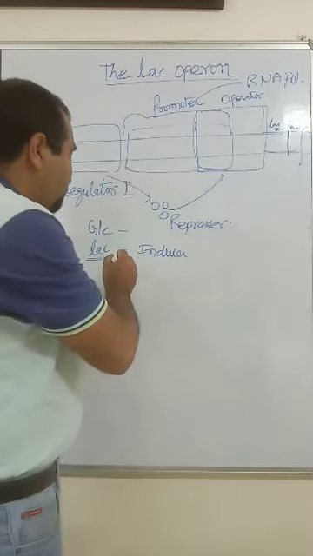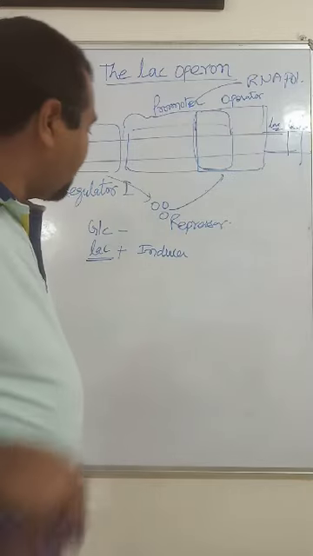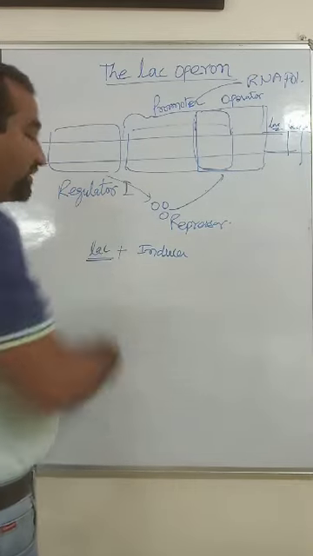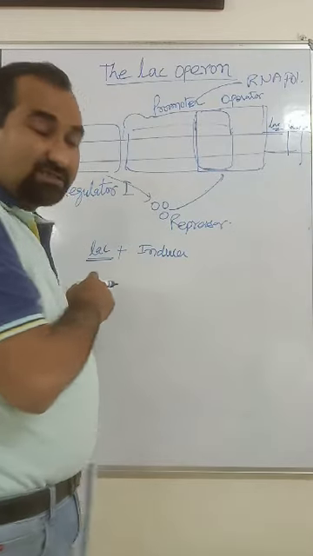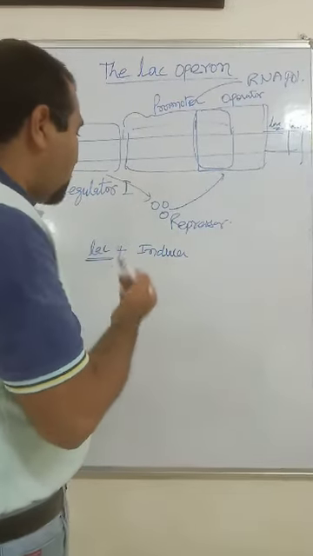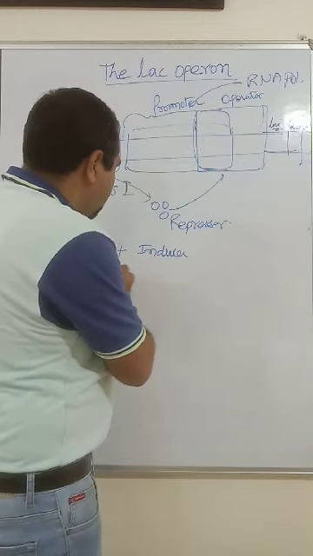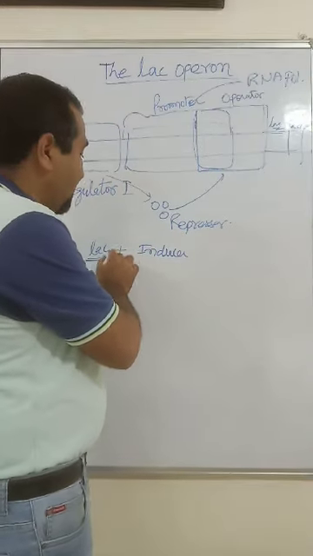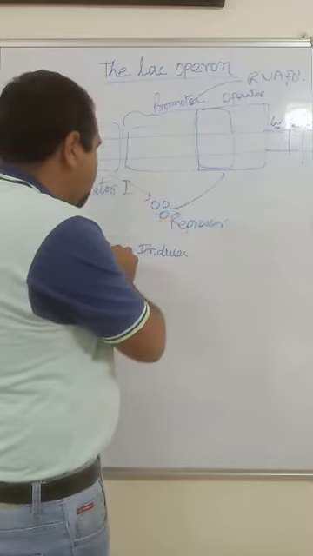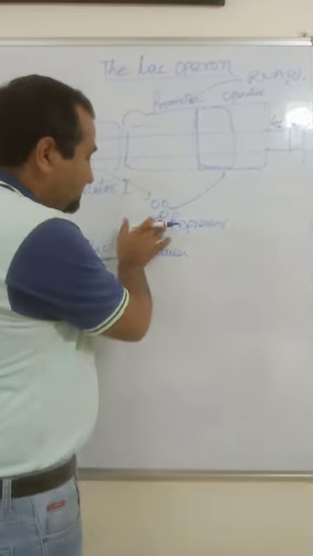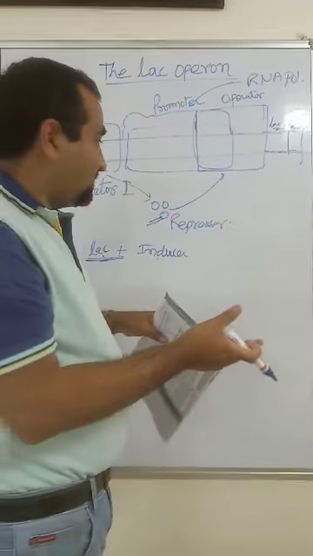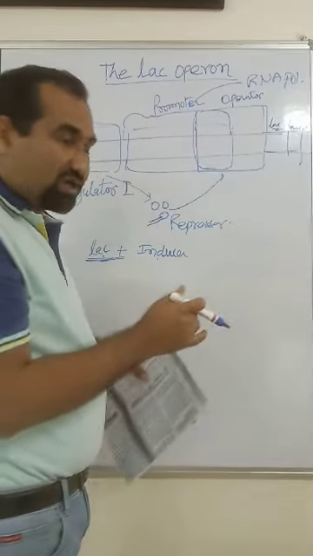So when lactose is present and glucose is absent completely, now this microorganism uses lactose as an energy molecule. How? Here the lactose molecule is an inducer, and it reacts with the repressor molecule and changes its conformation, its three-dimensional structure.